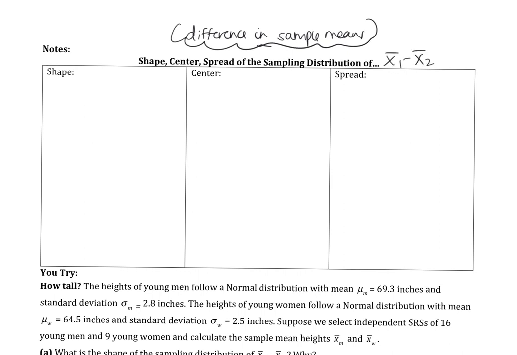The shape of the distribution, we already know how to look at the shape of a numeric distribution. We know that the shape is approximately normal if one of three options are satisfied. And the only difference is that for the two samples, both of those samples have to satisfy the condition. So approximately normal if both samples meet this criteria.